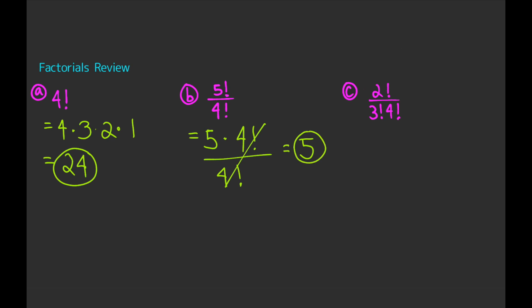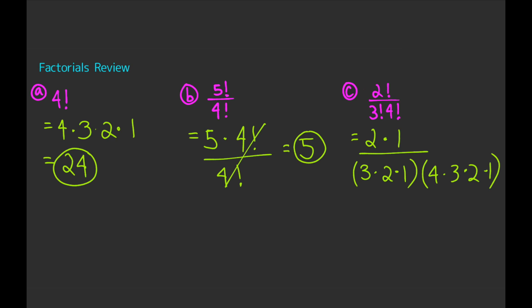So next, on to question C, we have 2 factorial over 3 factorial times 4 factorial. What we're going to do is expand everything. So we have 2 times 1 over 3 times 2 times 1 times 4 times 3 times 2 times 1.